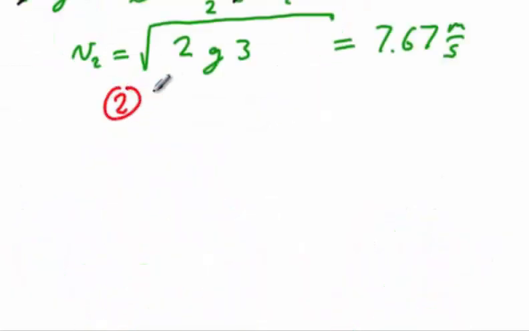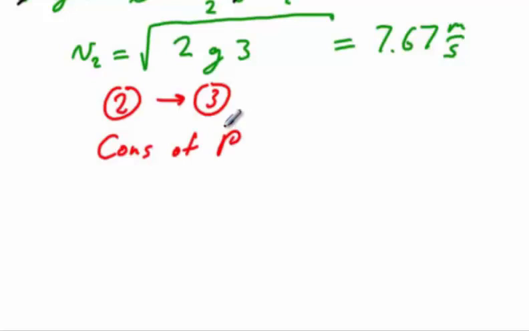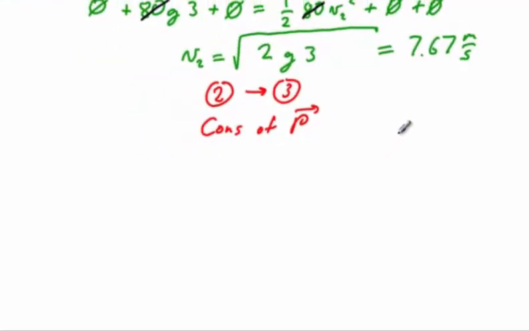We'll connect moment 2 to moment 3 using the principle of conservation of momentum. With momentum, we must always be careful because momentum is a vector and must be conserved in each relevant coordinate.